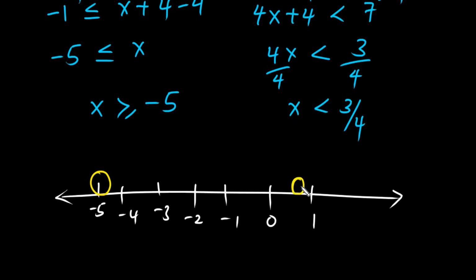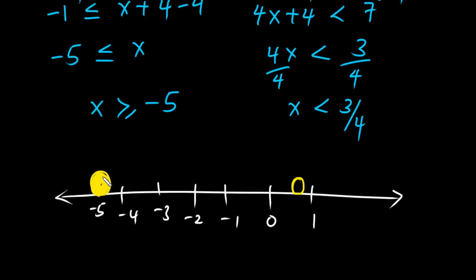Remember, we said that if one of them has an equal to sign, for example here, x is greater than or equal to, we make that circle closed, or rather we shade that circle to represent a closed circle. In other words, it means that -5 is part of that inequality.